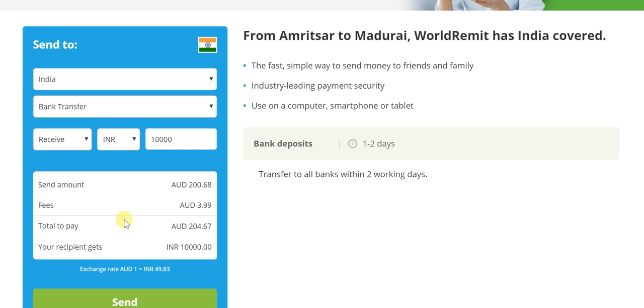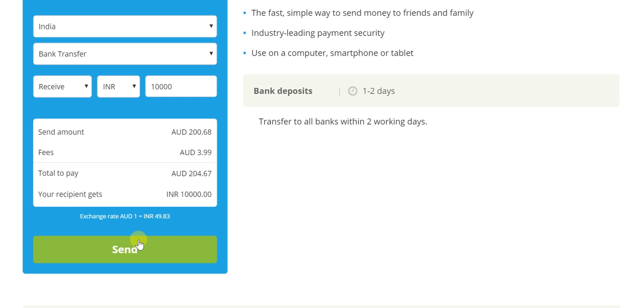So, these are some really great things about WorldRemit because everything is crystal clear. You know the exact send amount, you know the exact fees that would apply, you know the total to pay for the recipient to receive the exact sum in question, with the exchange rate being locked once you've actually initiated the process, and even before you've actually pressed the send button or sent the money, you're sure of the exchange rate.